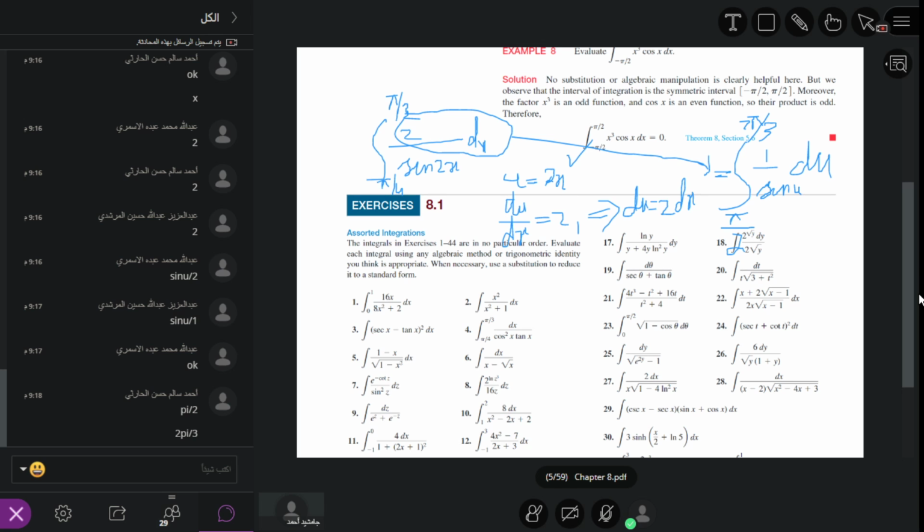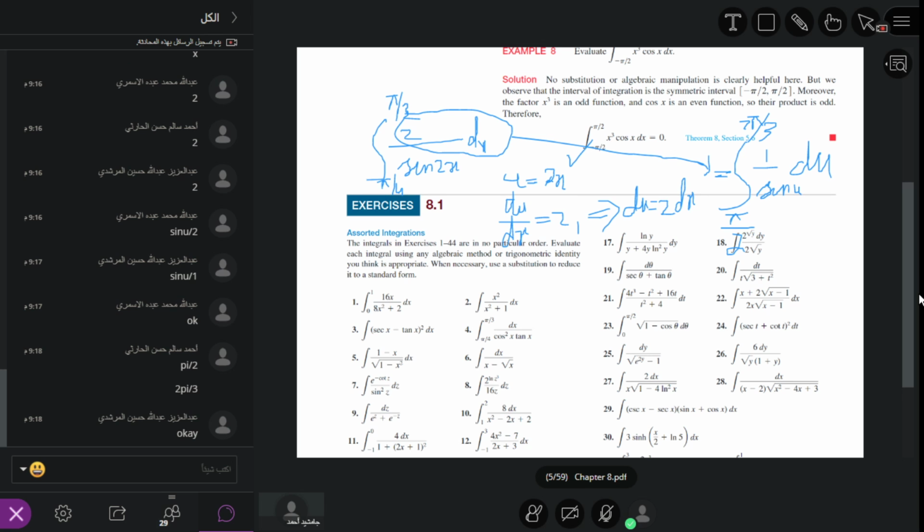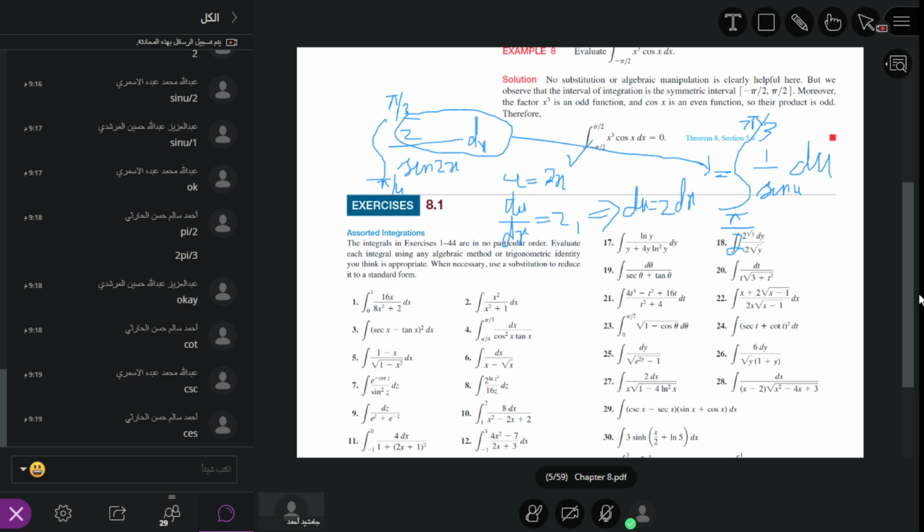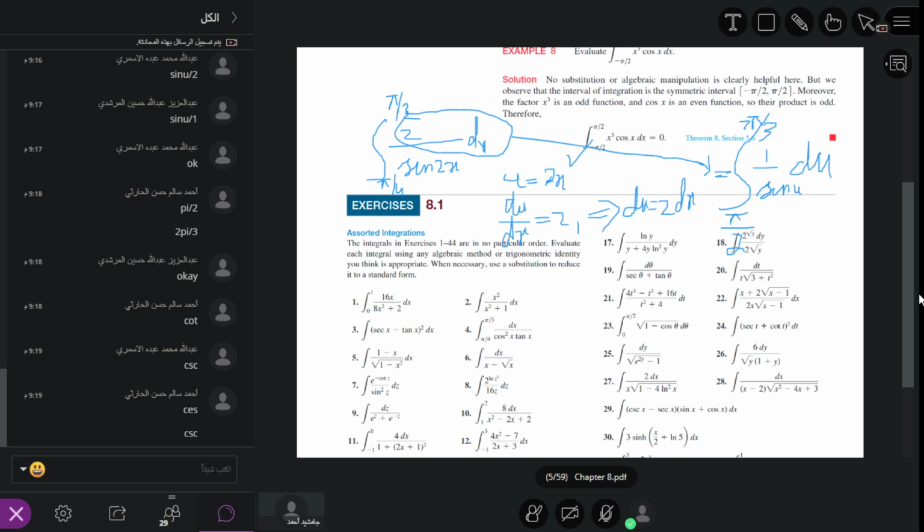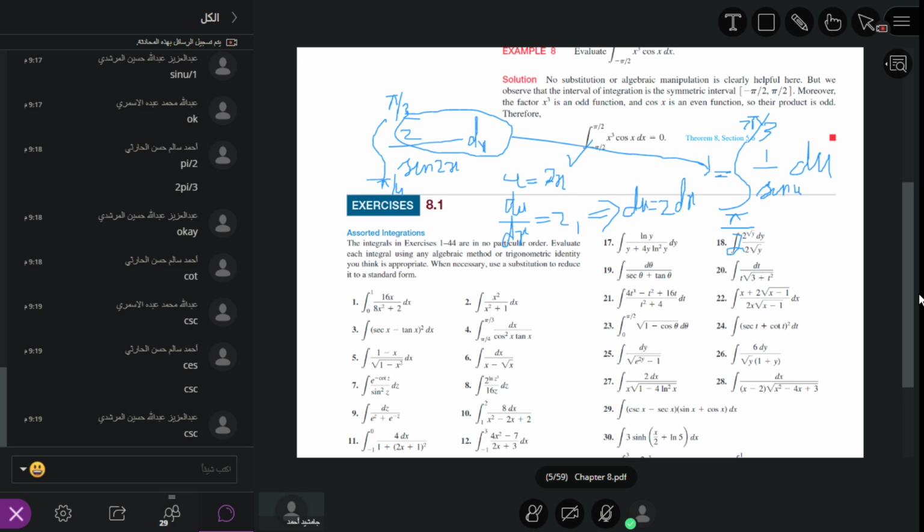Now what is 1 over sine u? It is equal to cosec u.